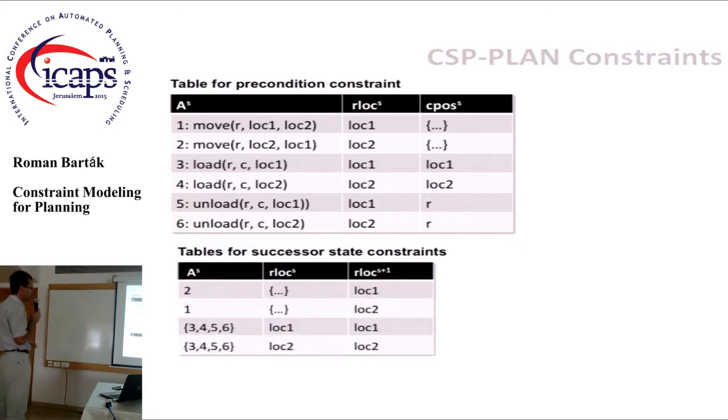Regarding the successor constraints, for each state variable we have 1 successor state constraint. So for the location of the robot, this is how the table looks. So we say, okay, if the location of the robot should be location 1, there are 2 reasons for it. Either action 2 is used, which moves the robot to location 1, or, this is this line, actions are not modifying the location of the robot, which are actions 3, 4, 5, 6, loading and unloading, right?